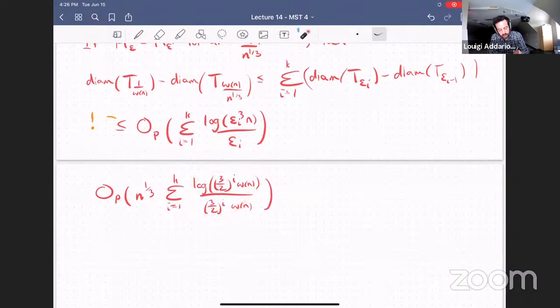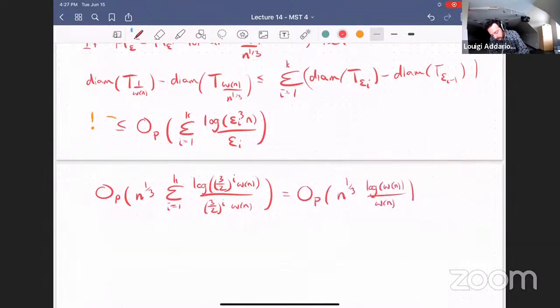These summands are geometrically decreasing, so they're dominated by their first term, which is already of order log omega n over omega n. So this is order n to the third log omega n over omega n, and since omega is tending to infinity, that's little o of n to the third.